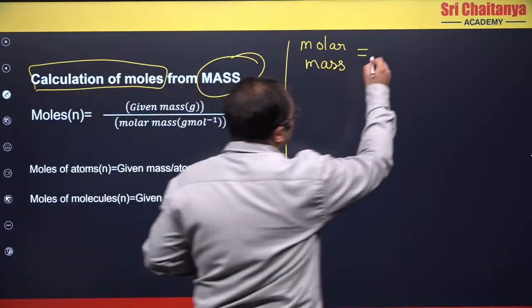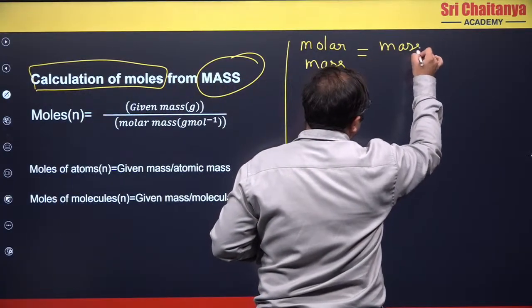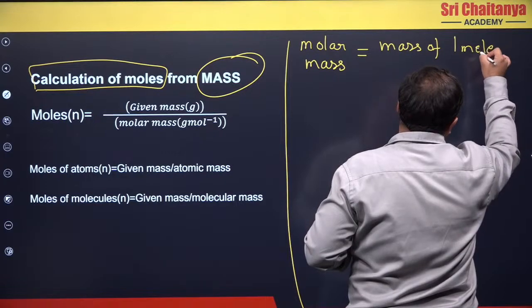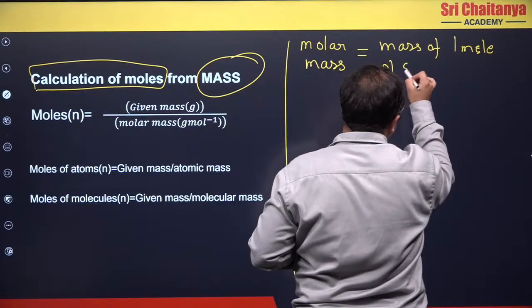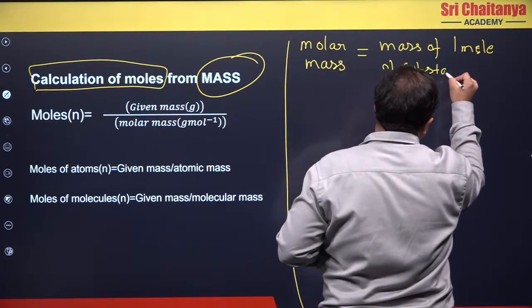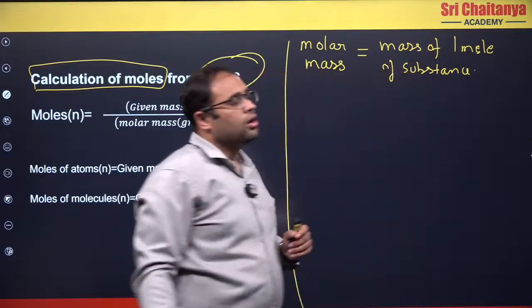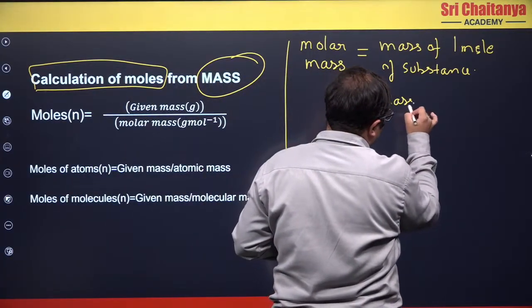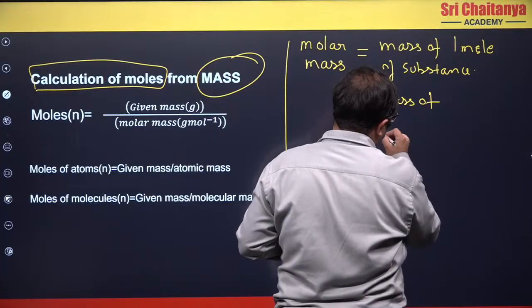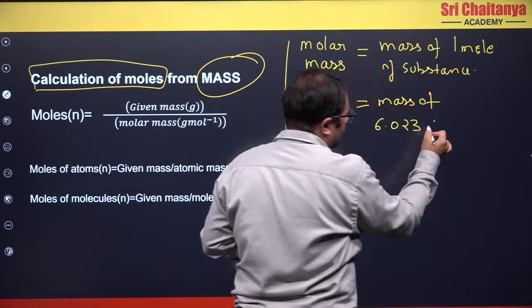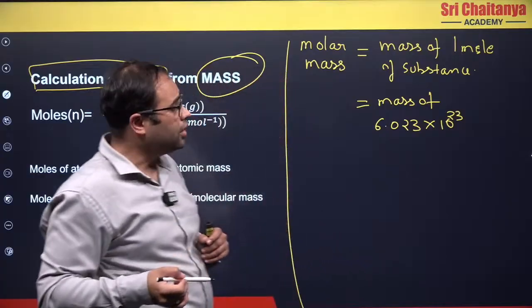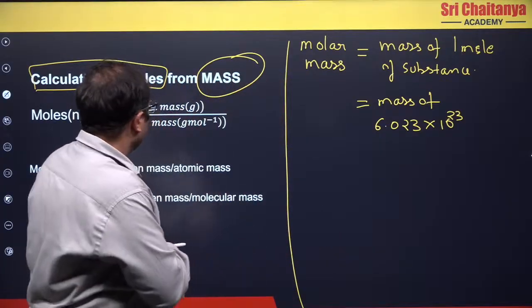Molar mass is mass of 1 mole of substance, right? 1 mole of substance means mass of 6.023 into 10 raised to power 23, right? Atoms, ions or molecules.